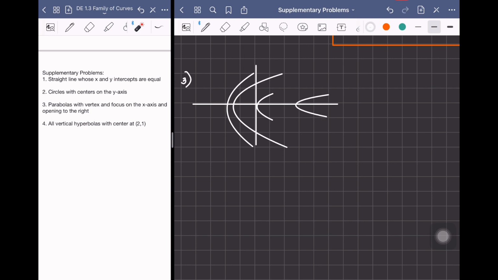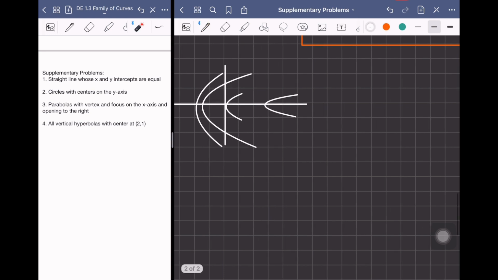Okay. So, based on this illustration, we can say that the vertex will be represented by h, 0. So, you can have any value of h since it's on the x-axis. But for the y-coordinate, it will always be 0 since nasa x-axis nga tayo.